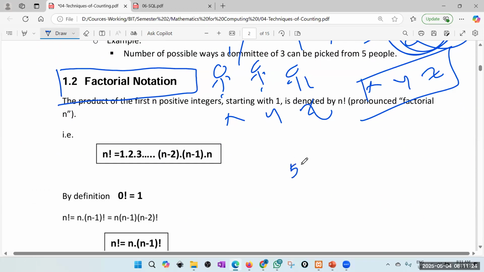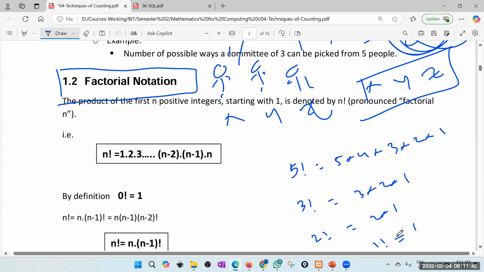Factorial of 5 is 5 into 4 into 3 into 2 into 1. We discussed that in programming when we discussed recursion in semester 1. Factorial of 3 is 3 into 2 into 1, factorial of 2 is 2 into 1, and factorial 1 is 1. By definition, factorial 0 is also 1. That is a special case.